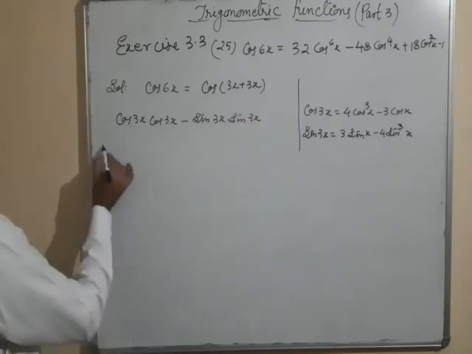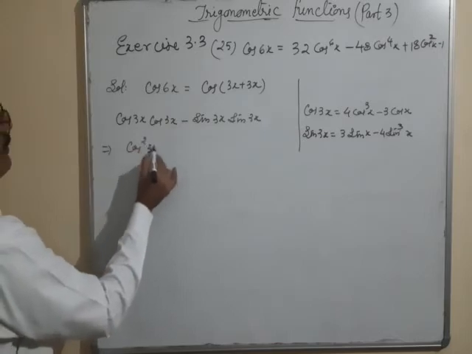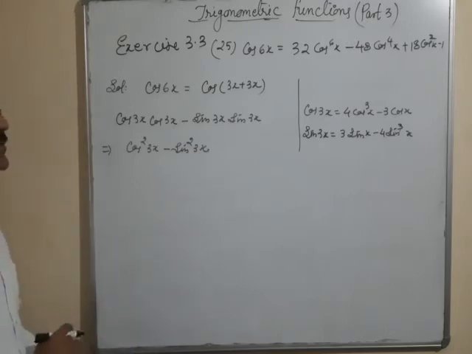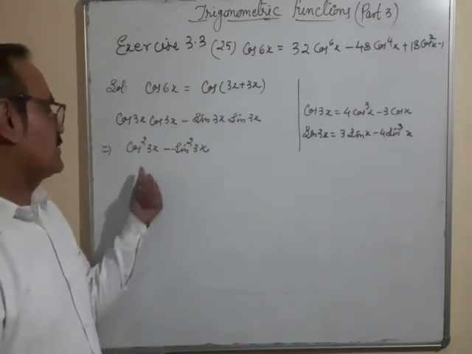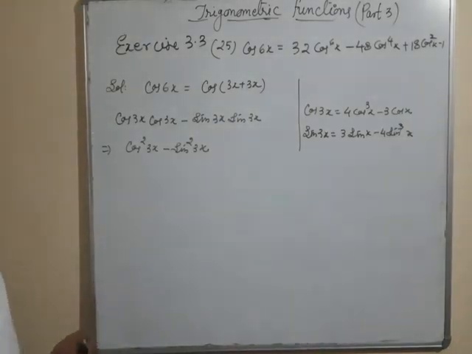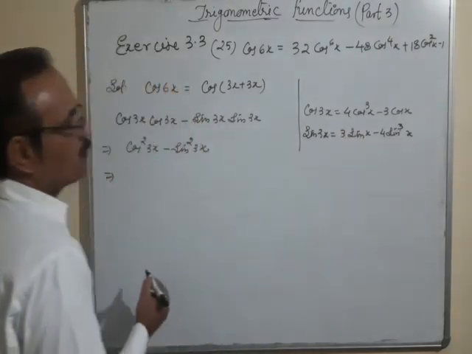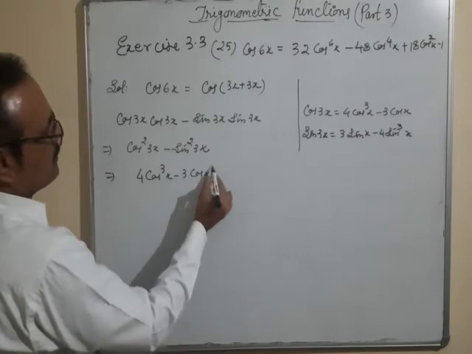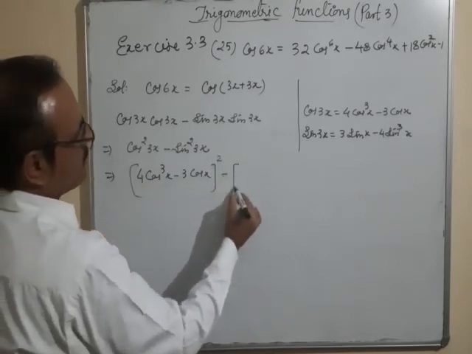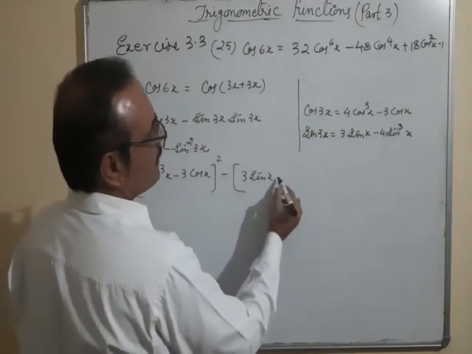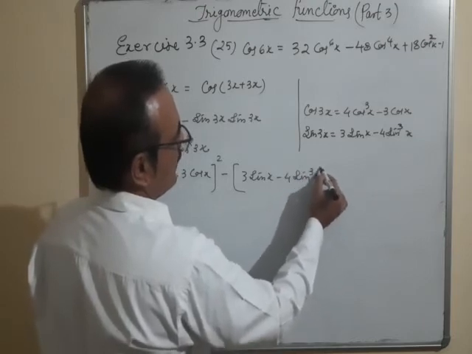So it is coming cos square 3x minus sin square 3x. By the way, its formula is cos 3x plus sin 3x and cos 3x minus sin 3x, but I am using it directly here. Apply cos square 3x: cos 3x whole square is 4 cos cube x minus 3 cos x whole square, minus sin 3x, 3 sin x minus 4 sin cube x whole square.